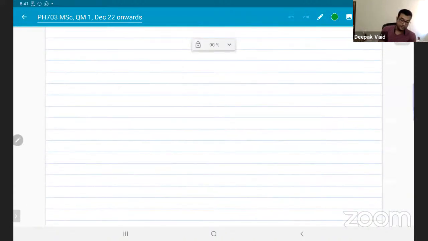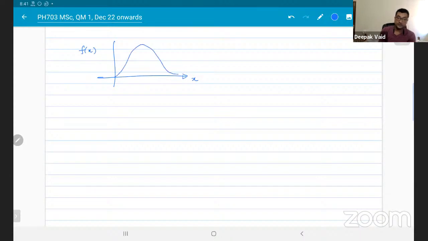See, if you look at a simpler example in one dimension, let's say you are in one dimension, you have x and f of x. Your f of x looks like this. Now I perform a translation of the x coordinate. Okay, so I perform a translation. x goes to x prime is equal to x minus c.